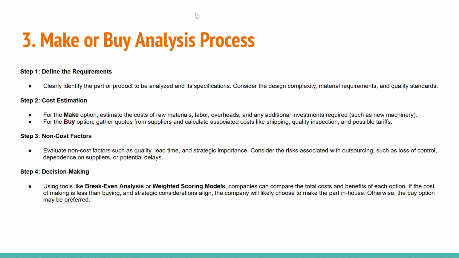Using tools like break-even analysis or weighted scoring models, companies can compare the total cost and benefits of each option. If the cost of making is less than buying and strategic considerations align, the company will likely choose to make the part in-house. Otherwise, the buy option may be preferred.